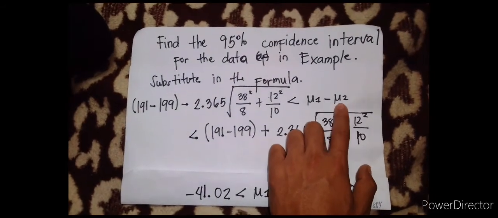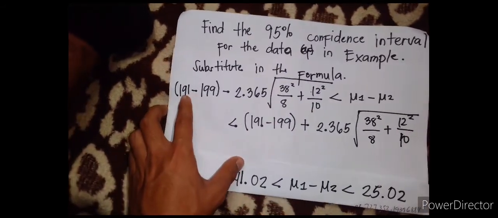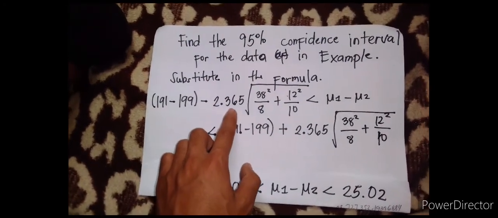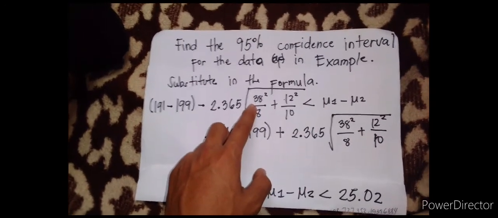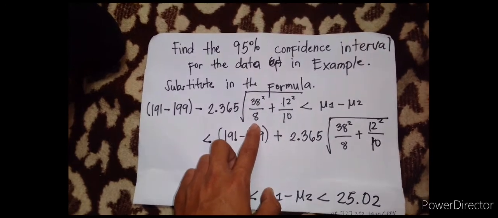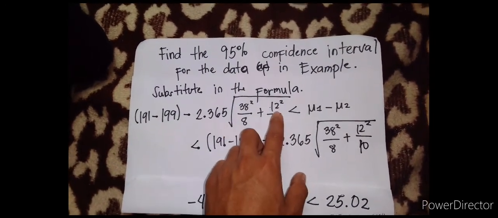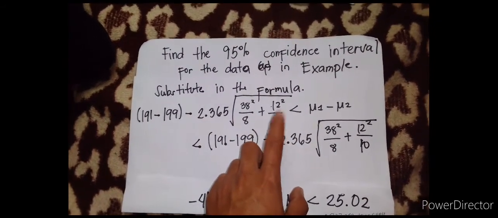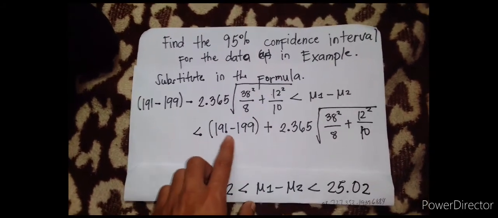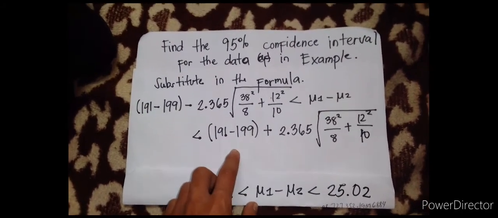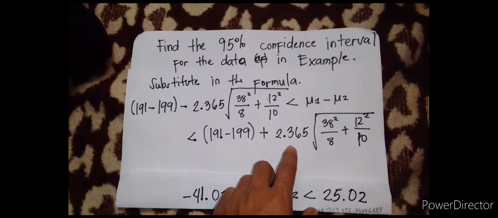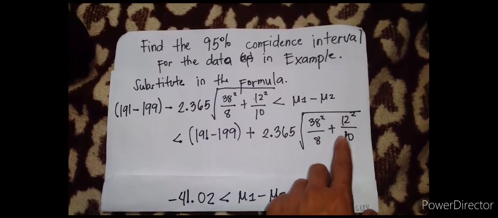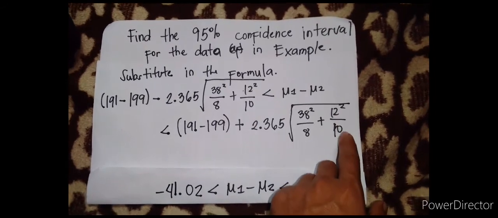So the first population mean minus second population mean is greater than 191 minus 199 minus the test value 2.365 times the square root of 38 squared divided by 8 plus 12 squared divided by 10, but less than 191 minus 199 plus 2.365 times the square root of 38 squared divided by 8 plus 12 squared divided by 10.